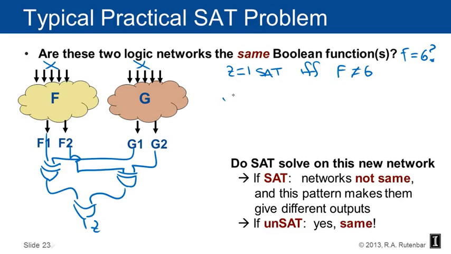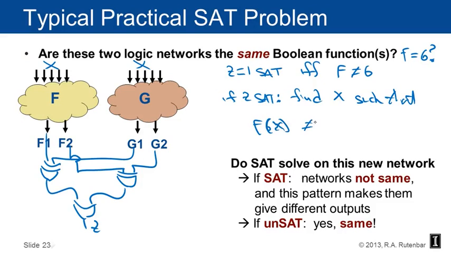And if we can find Z satisfiable, then we will find an X that has the property that something F does with X is not equal to something G does with X. At least one of those sets of inputs is going to be different. So that's pretty cool, right?